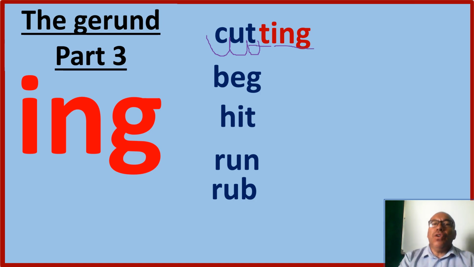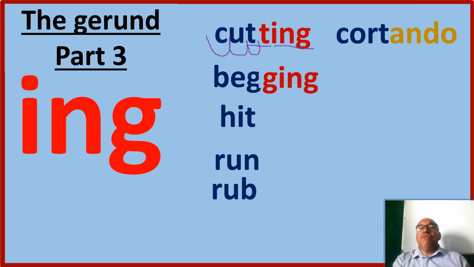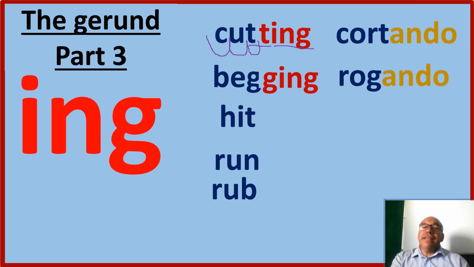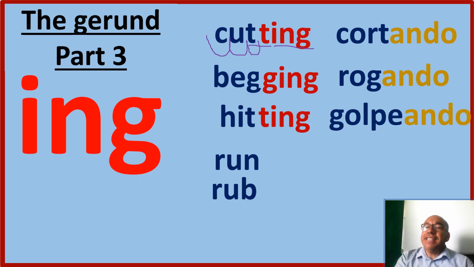So, cutting is cortando in Spanish. Beg, we double the g and write begging, rogando in Spanish. Then we have the word hit, also consonant, vowel, consonant. So we double the last consonant, and hitting is golpeando in Spanish.